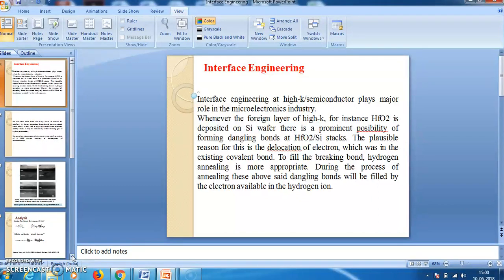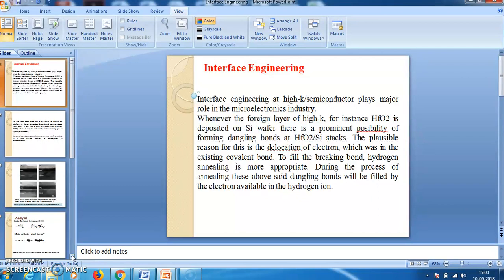So they may form silicon oxide underneath the hafnium oxide. This is again one disadvantage, because silicon oxide is a low-K material and hafnium oxide is a high-K material. The series capacitance may reduce the final accumulation capacitance value. It is not good for memory applications.